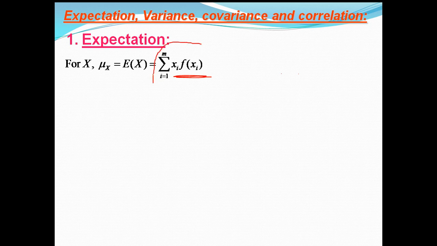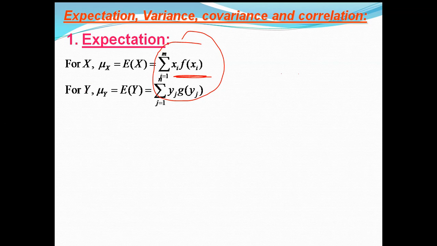This is the formula to find the mean of the X distribution. And for the Y distribution, expectation of Y is equal to summation yj into g(yj), where j is equal to 1 to n. This is a formula we need to remember, and the means are denoted by mu x and mu y.